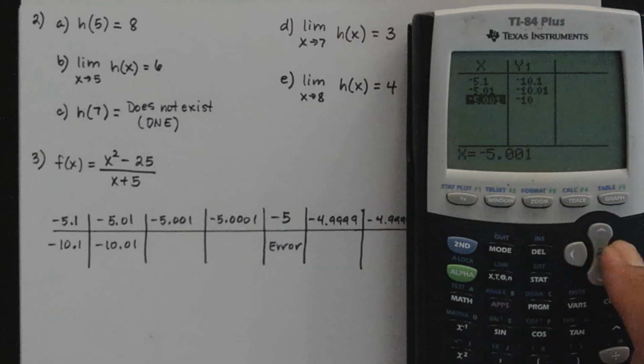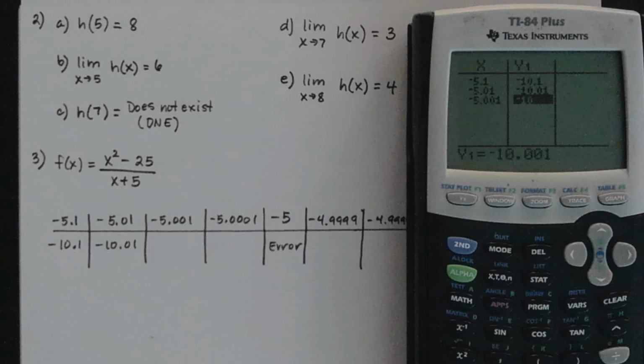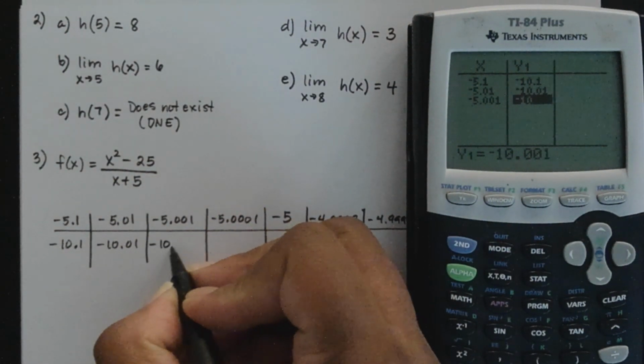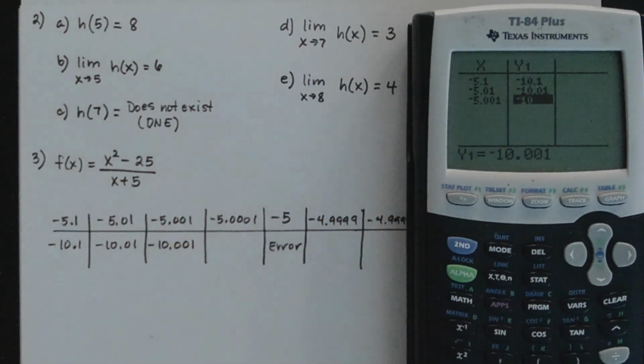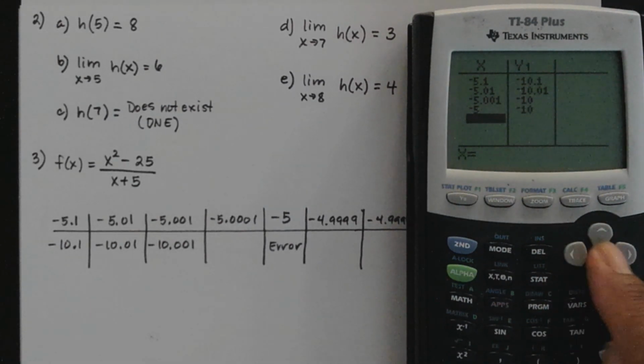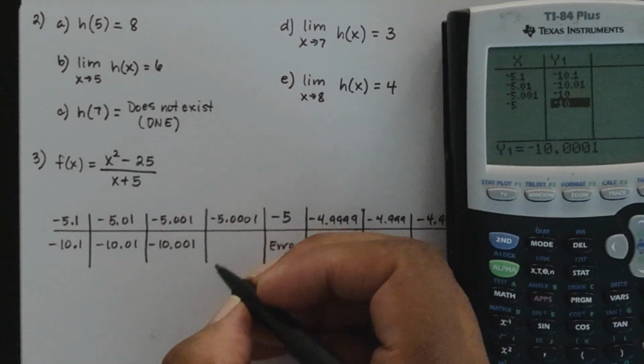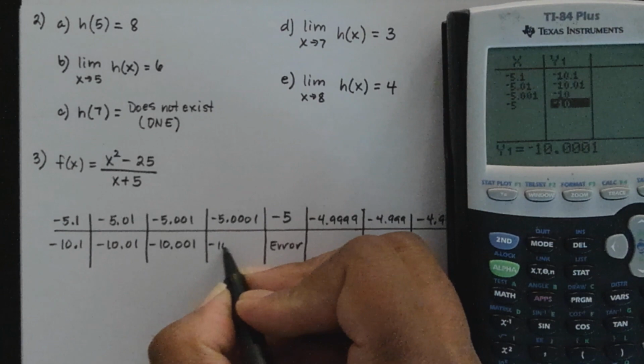okay, let me use my up arrow key and use the right arrow key to get the exact y1 value for that. It'll be negative 10.001. And then finally, go back under the x and do negative 5.0001. Then up arrow, right arrow, it'll be negative 10.0001.